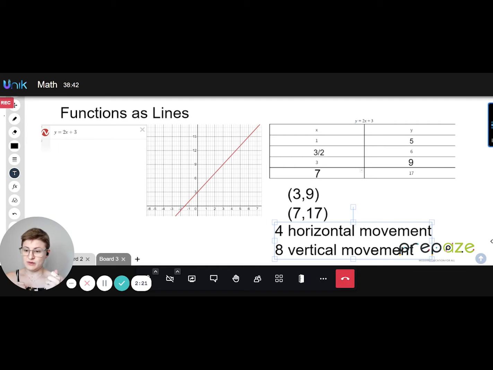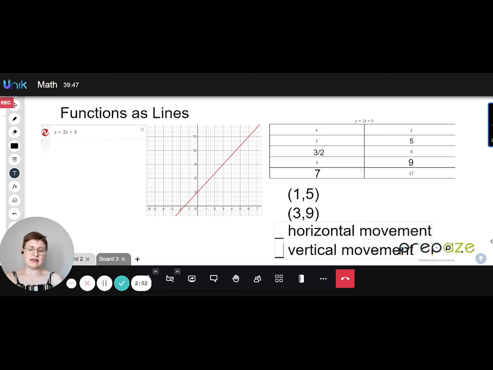Vertical movement is 8 in this case, and we divide by the horizontal movement. 8 divided by 4, change in vertical over change in horizontal, change in output over change in input. 8 divided by 4 would be 2 in this case. Now, notice I said constant rate of change. So let's look at another 2 pairs of points on this line and see if we get the same result, the rate of change being 2, equivalent to 8 over 4.